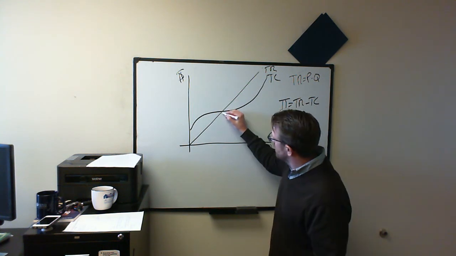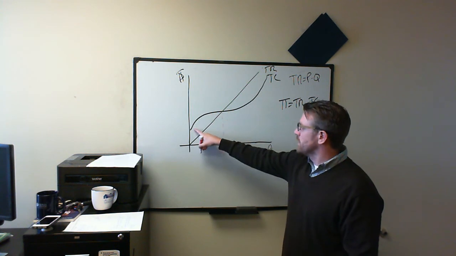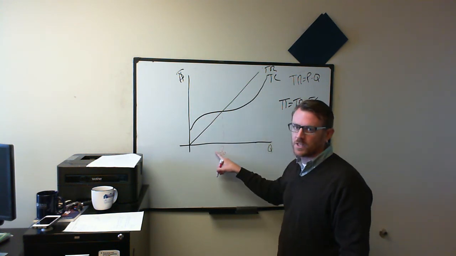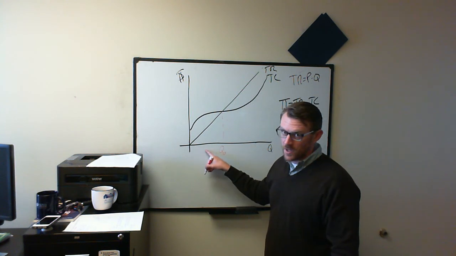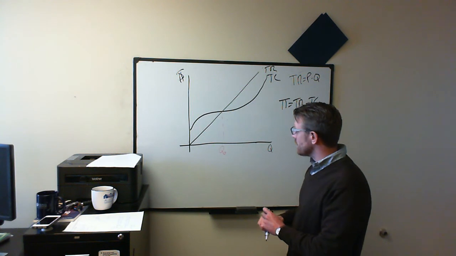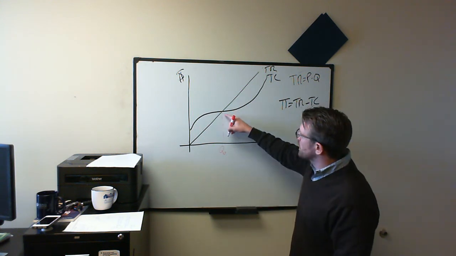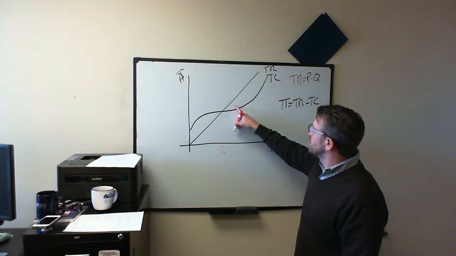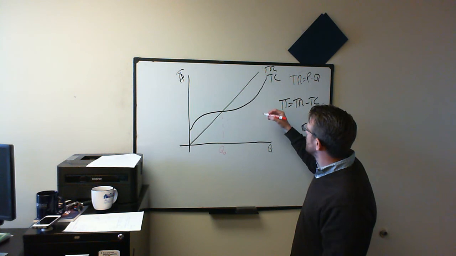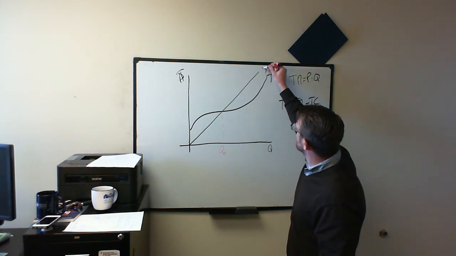Down here below Q naught, total costs are above total revenues for every possible quantity we can choose. That's not good, because we're going to make losses if we produce down there. As we continue to produce, however, profits can grow. Once we cross this Q naught here, revenue is above total costs. But what's the best quantity?